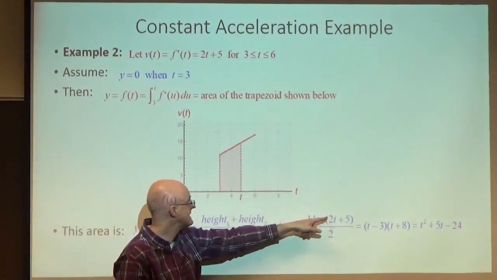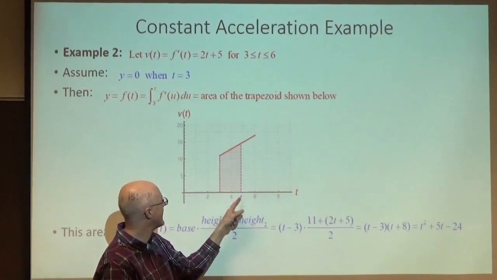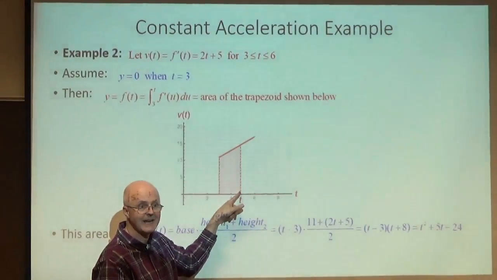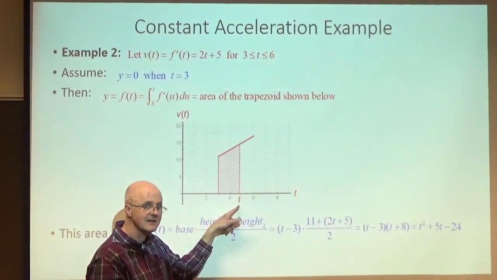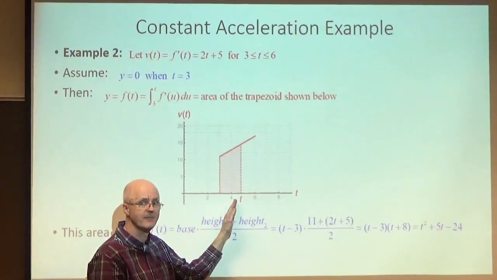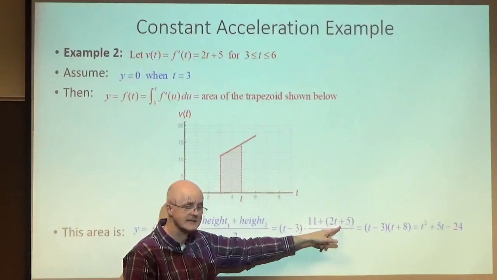The other height is the function at this arbitrary value of t. Plug that into the function, you get 2t plus 5, because I'm not saying what t is. In my imagination, I want to imagine that I can change this. That's the second height.